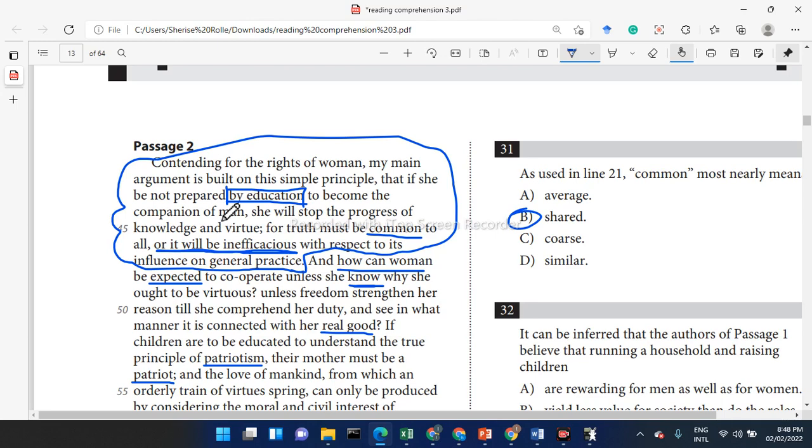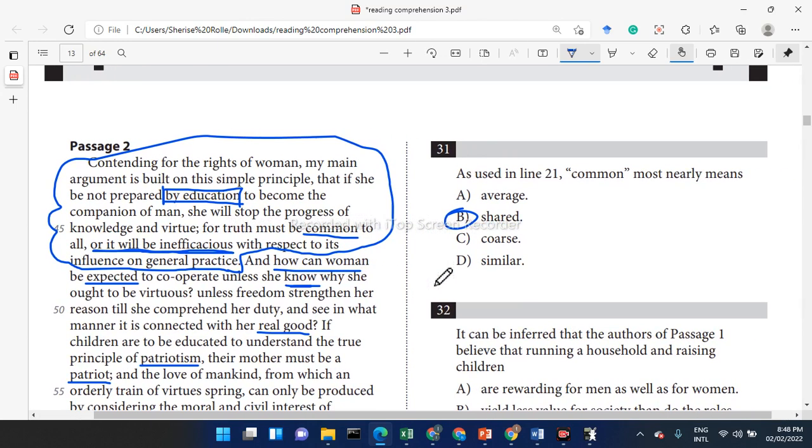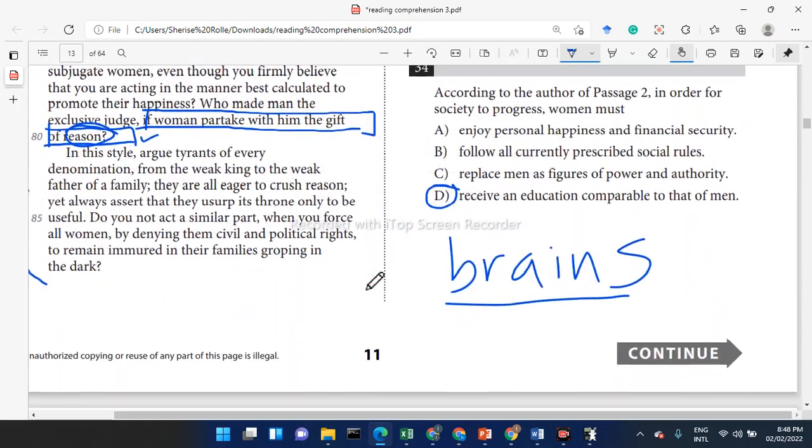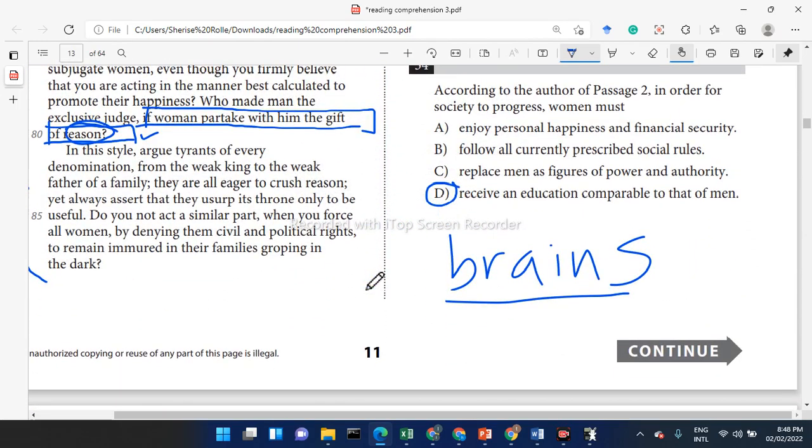Very good argument. I wouldn't even think of that argument. That's a strong argument. Two is better than one. What I'm trying to say is that she's making a case for their education.